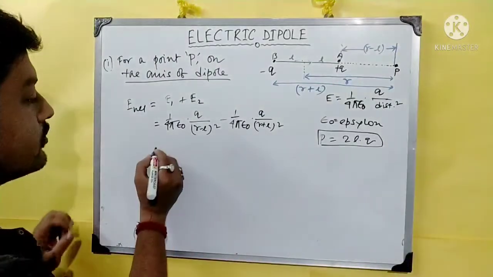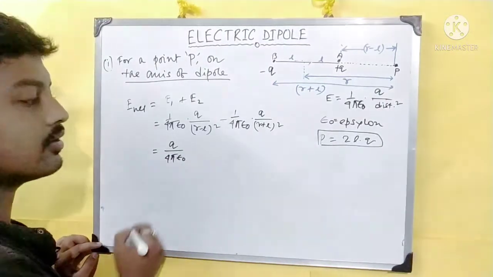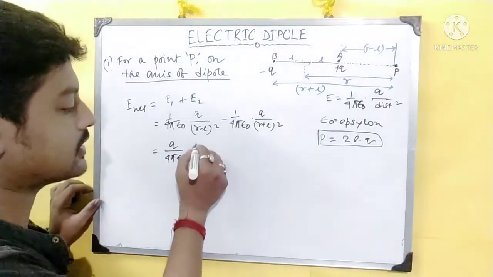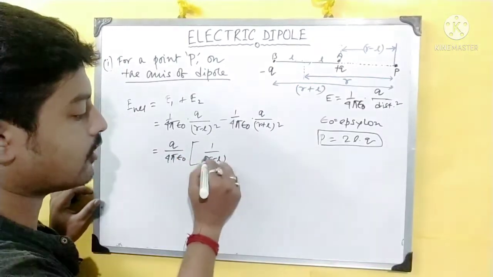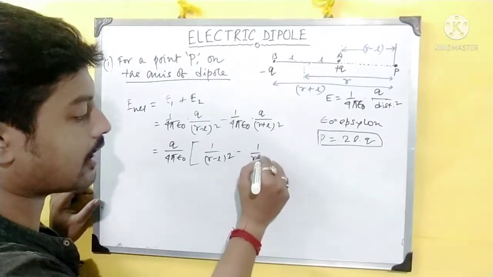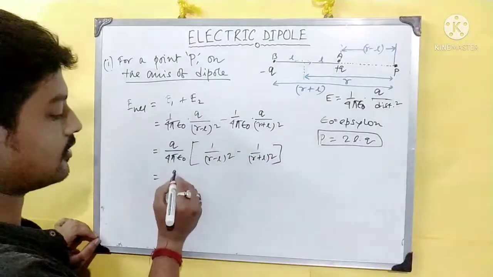Now we have to take q by 4 pi epsilon 0 common. Now the expression will be 1 by r minus L whole square minus 1 by r plus L whole square.